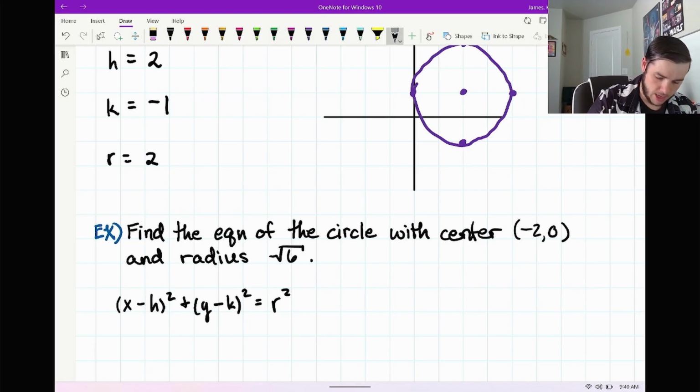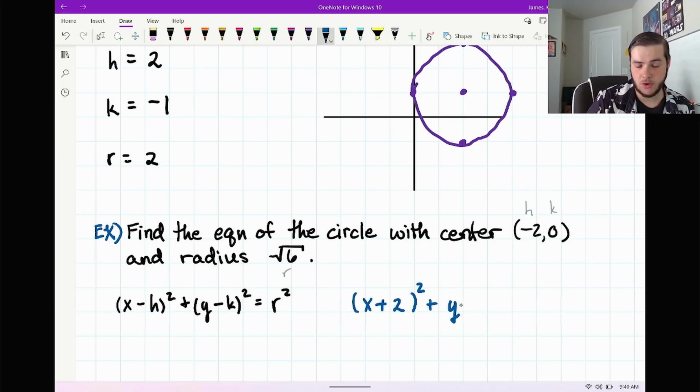Here, I'm given h, k, and r, so all I need to do is plug them into the formula. I get x minus negative 2, or x plus 2, squared, plus y minus 0 squared equals root 6 squared. So x plus 2 squared plus y squared equals 6 would be the equation of that circle.